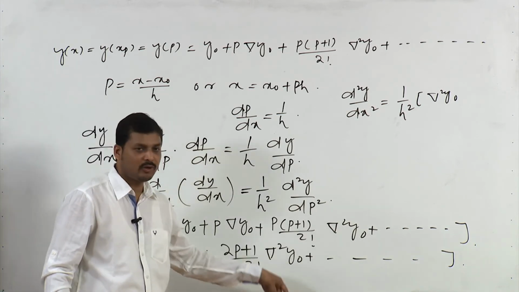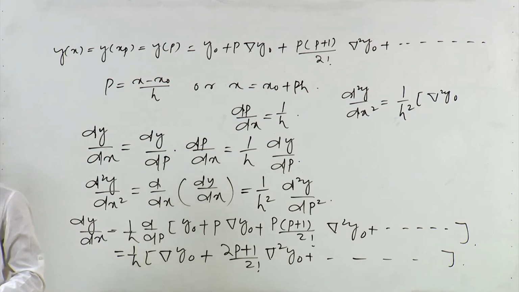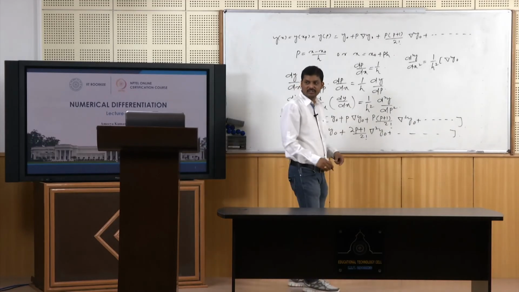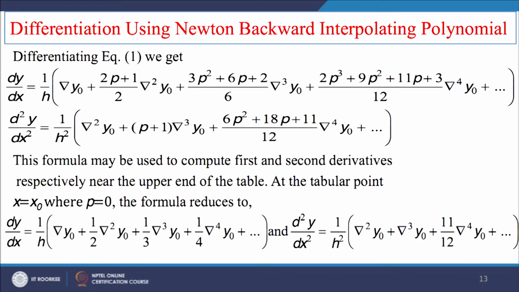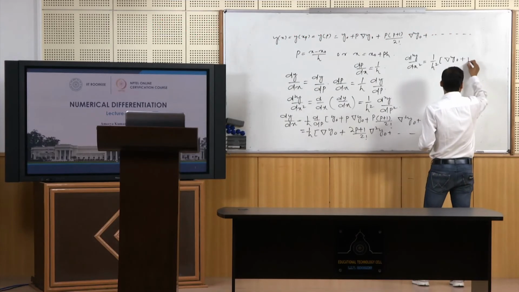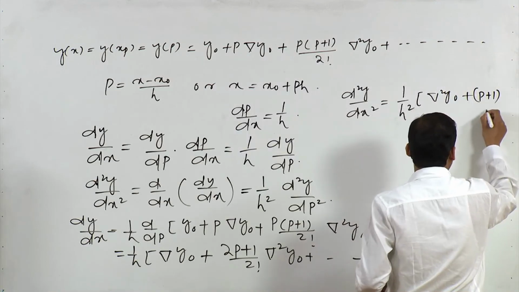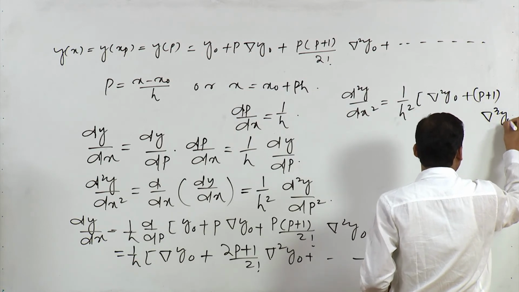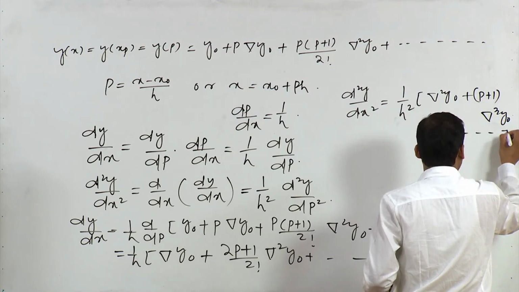So the first term will be nabla square of y0 here, plus the immediate next term can be represented as p plus 1 into nabla cube of y0 plus all other terms.